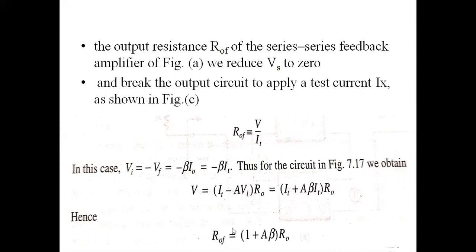Hence, the output feedback resistance ROF will be equal to R naught divided by 1 plus A into beta. This is how to find RIF and ROF for the series shunt feedback amplifier.